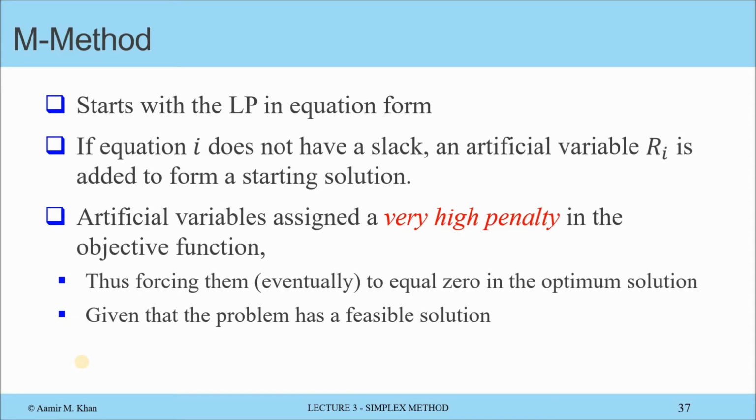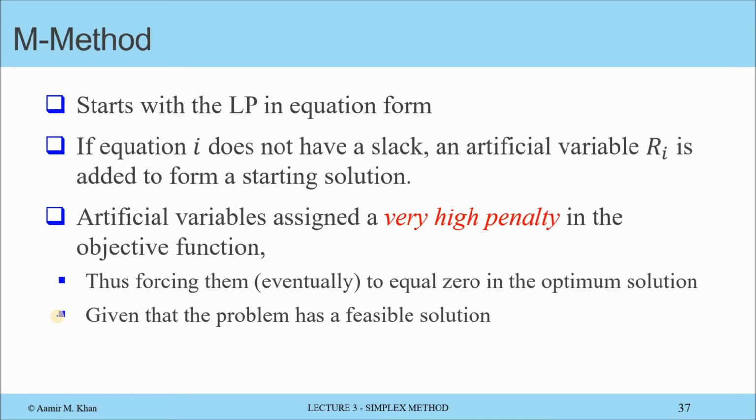So it starts with the linear programming problem in the equation form. Same thing that you have been doing for a long time. And what you try to do is, if the equation i does not have a slack variable, so let's say you have three equations, equation number 1 is maybe fine, but equations 2 and 3 don't have a slack variable.